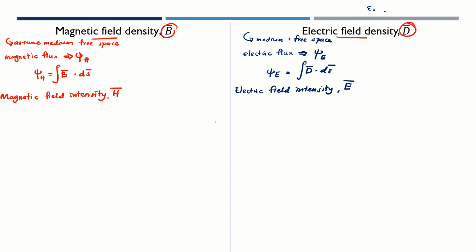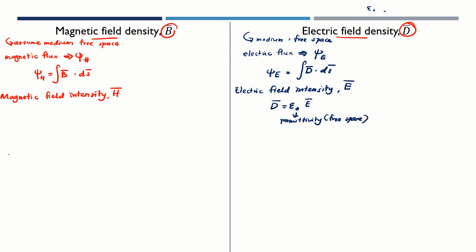And from here, for electric field density, we can define electric field density D equals epsilon naught, or we call it permittivity, times the electric field intensity E. Since it is epsilon naught, this is referring to the free space.